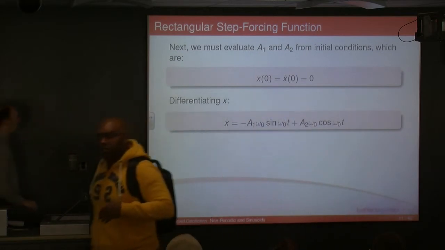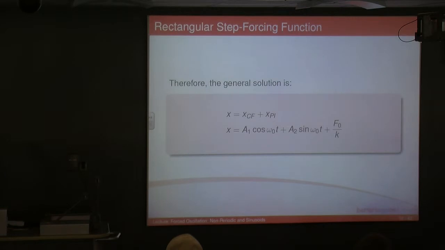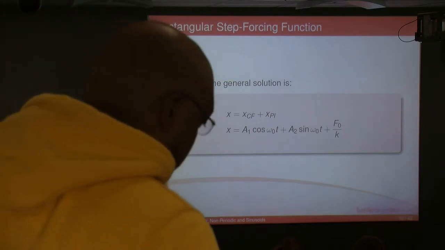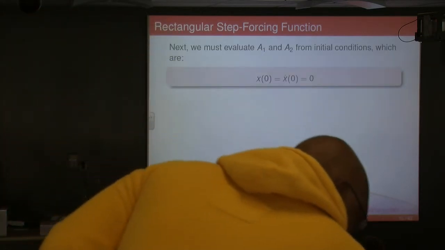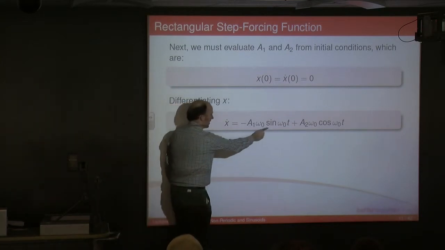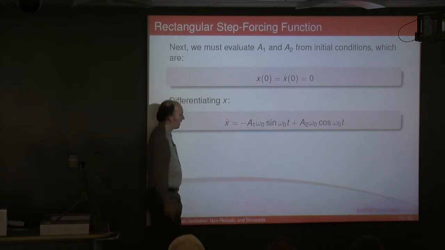And what we have to do, therefore, to find that is we take our equation for x, this one here, okay, and we have to differentiate with respect to time once to get velocity, and then we apply our initial conditions. So that's differentiated first with respect to time. Obviously the cosine turns into minus sine and the omega naught comes out, which is why that's there, and there's a minus sign.